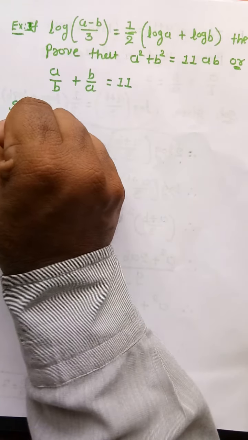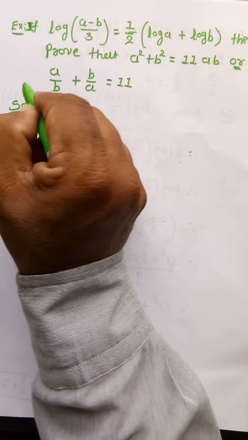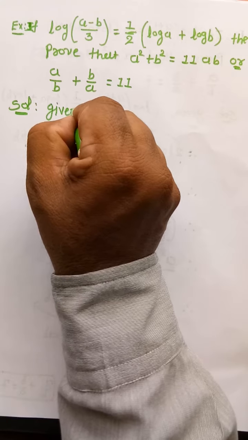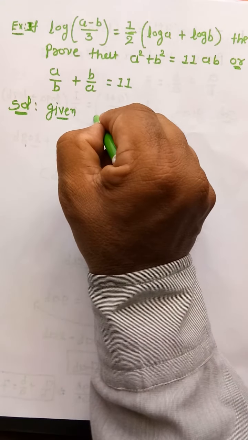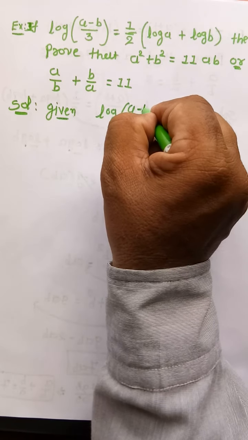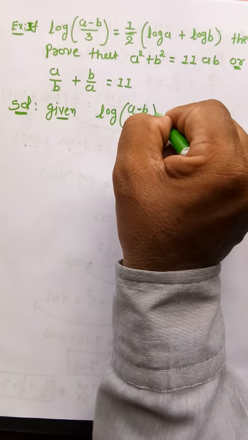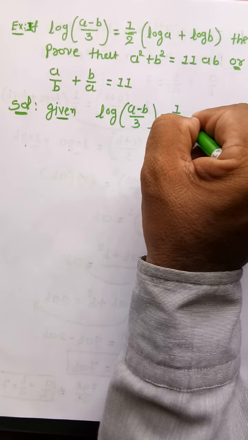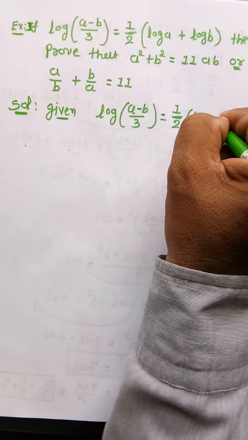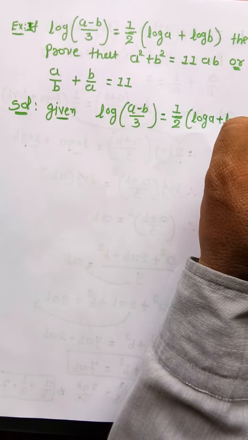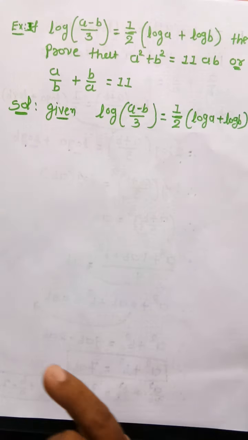Now here solution, here given log (a minus b) by 3 is equal to 1 by 2 brackets mein log a plus log b.